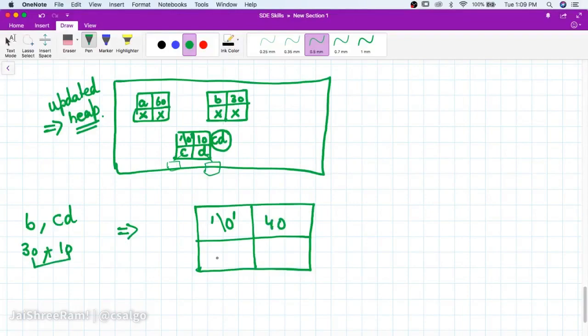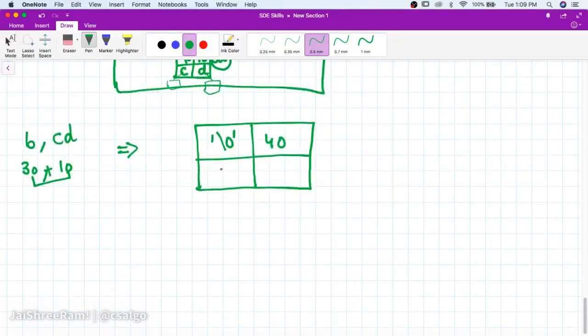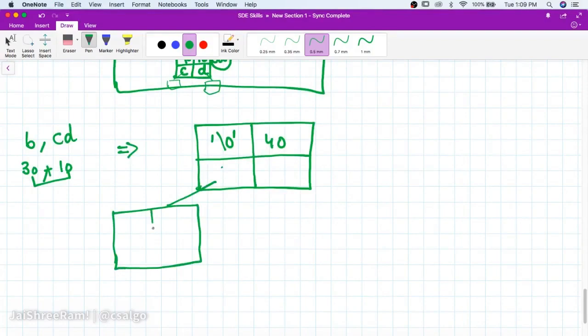On its left it will have the node B, whose cost was 30, its left is null, its right is null, and on its right it will have the node CD.